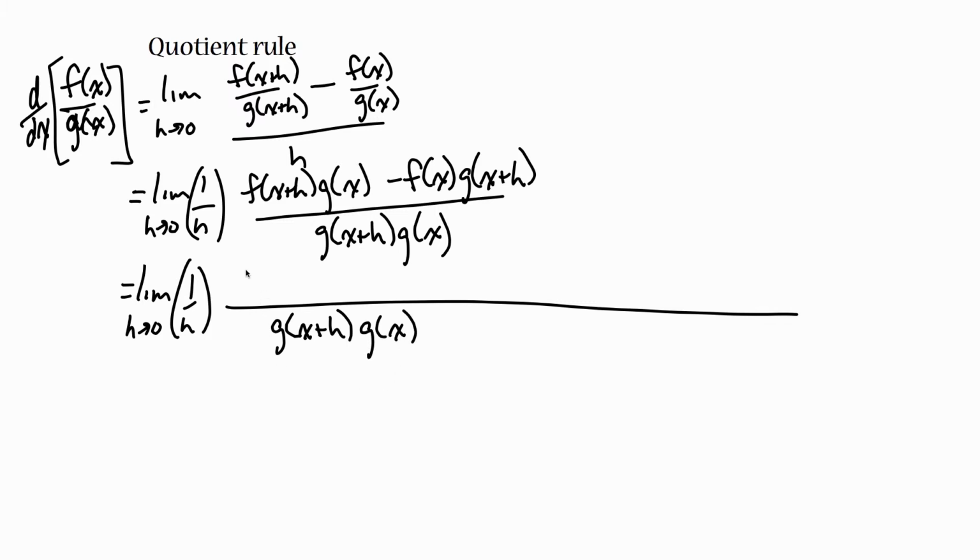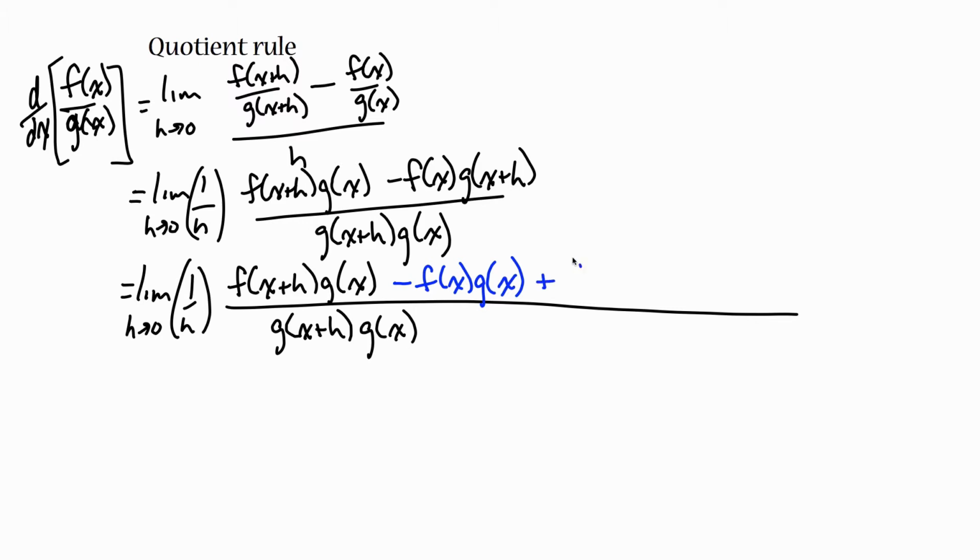And on top I'm going to take my f at x plus h times g of x and I'm going to subtract f at x times g at x.